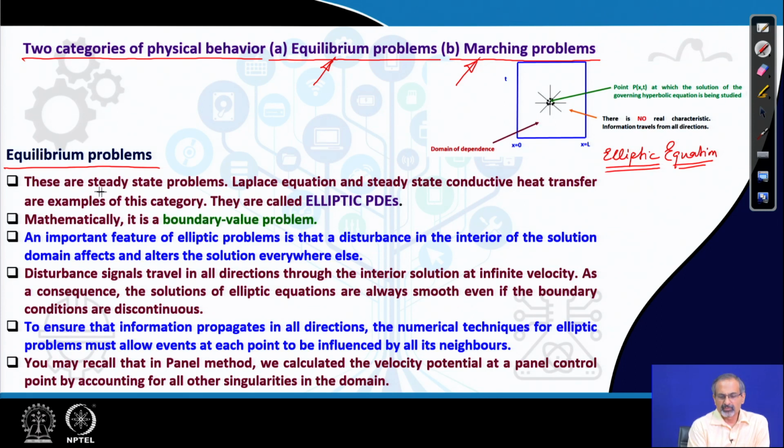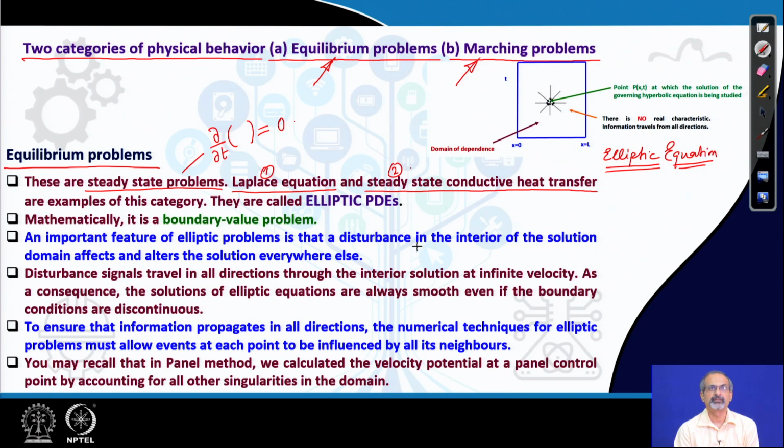Now, equilibrium problems are steady state problems, which basically means the time dependence is not there. Laplace equation and steady state conductive heat transfer equations are examples of this category, and they belong to elliptic partial differential equations.